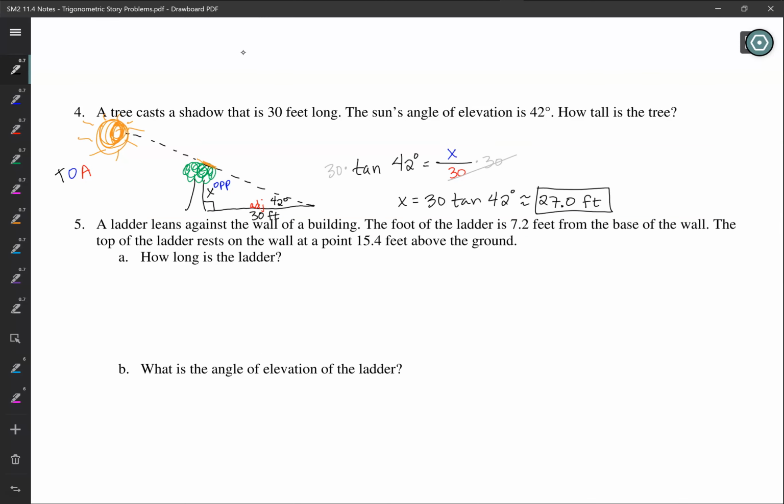Okay, we've got another two-part question. We've got a building, lovely building, and we've got a ladder leaning against the building. Beautiful ladder.